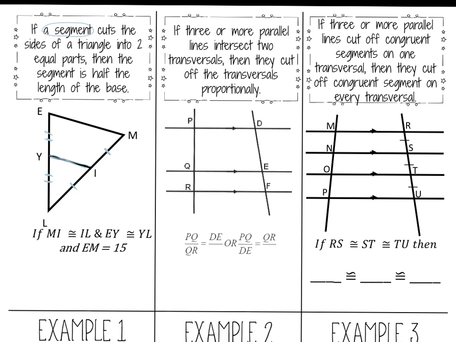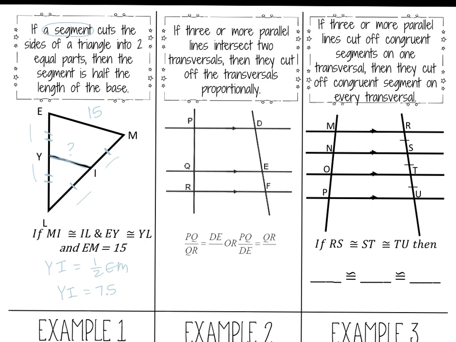So if you look below, say if MI is congruent to IL, and EY is congruent to YL, and EM equals 15, then what would YI be? Well, since we know these are equal and these are equal, then YI has to be half of EM. So YI will equal 7.5.